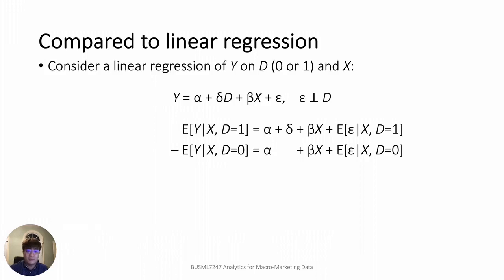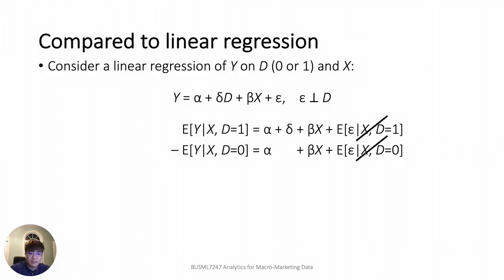Now, let's compute the average difference observed in the data conditional on the confounder. Given x, the average outcome for the treated is alpha plus delta plus beta x plus the conditional expectation of the error, because d is 1 for the treated, and the average outcome for the untreated is the same, but there isn't delta because d is 0 for the untreated.